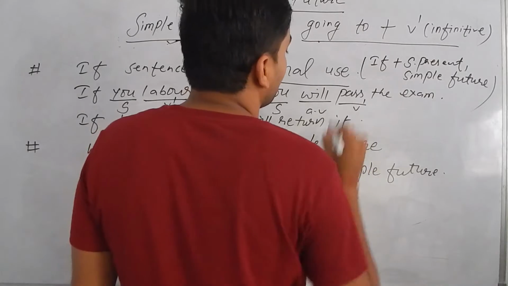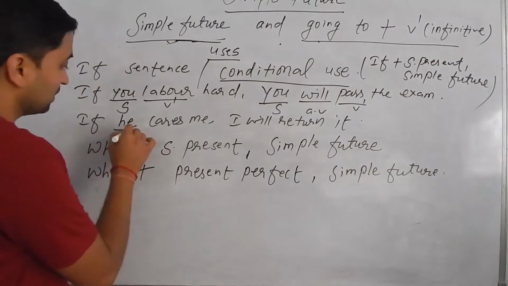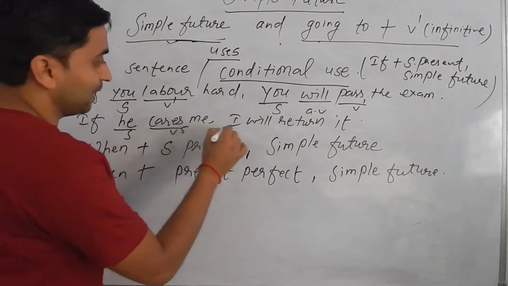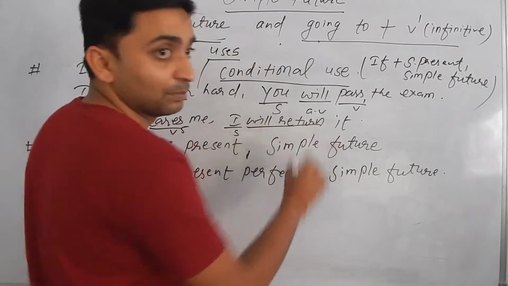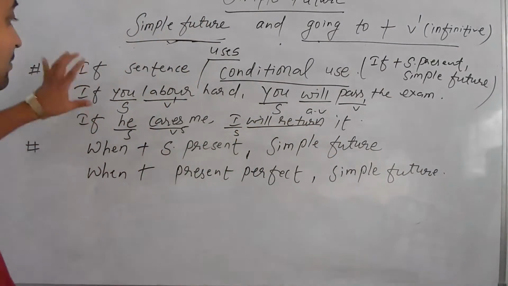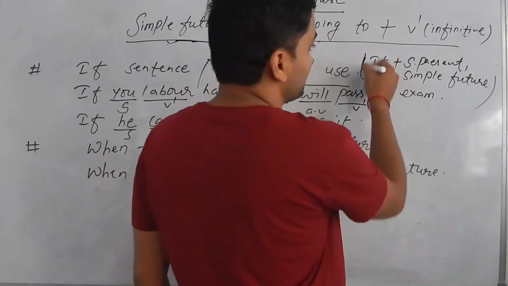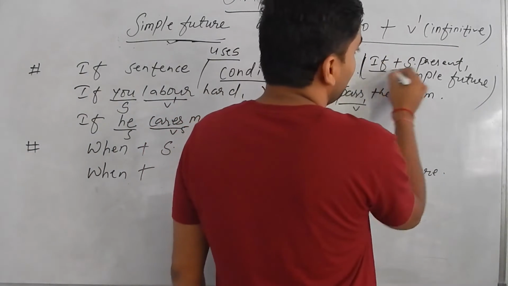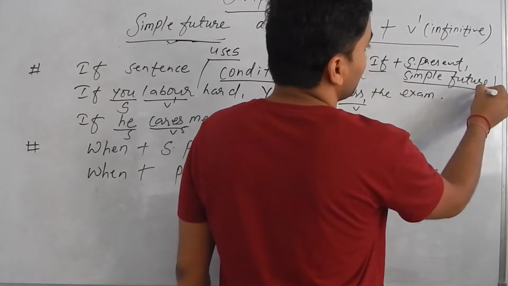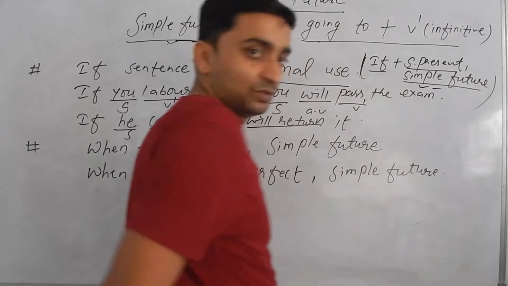I will return. Here also you can see subject plus V1 and subject plus simple future. So I mean to say it is used in an if sentence. And what is the structure of an if sentence for the simple future? If plus simple present, and simple future.